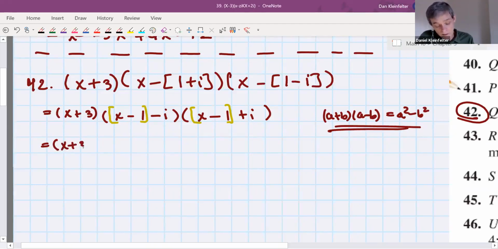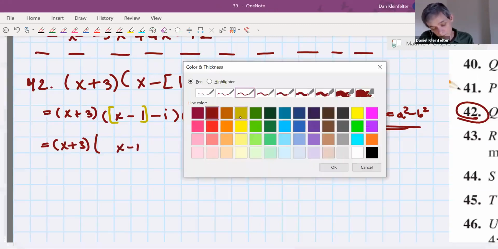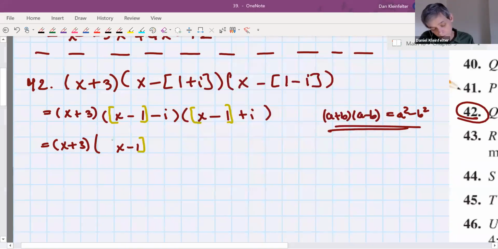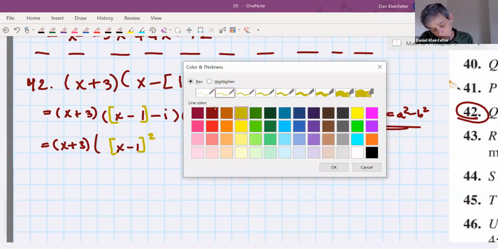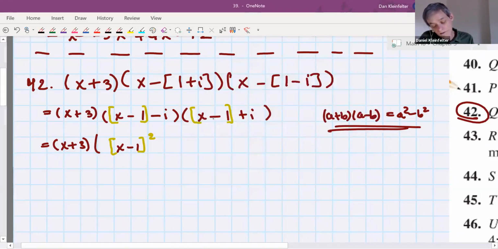Our x plus 3 still sits there. We will have here our x minus 1 squared, and then minus i squared.